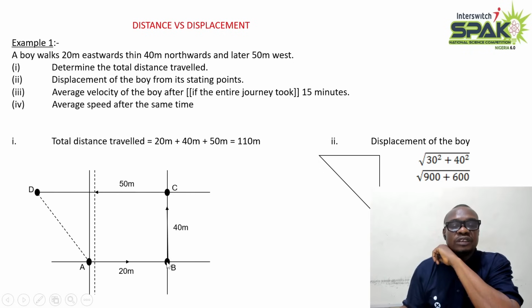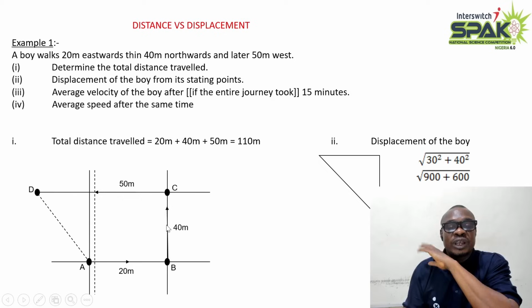After this 20 meters, we now have 40 meters northwards. In reality, the length of this 40 meters should be longer than this because we are dealing with vectors. The length indicates magnitude. The longer the line, the greater the magnitude of that particular vector. So in this sense, this 40 meters is meant to be longer than this 20 meters.